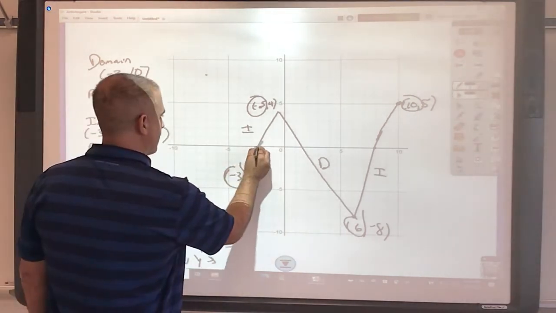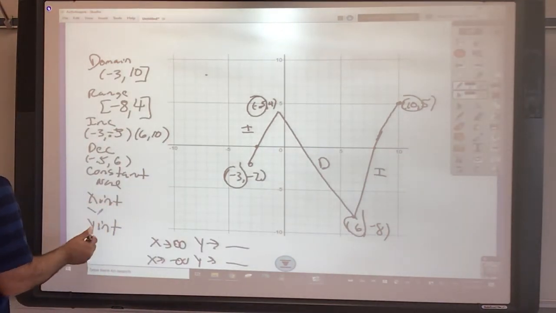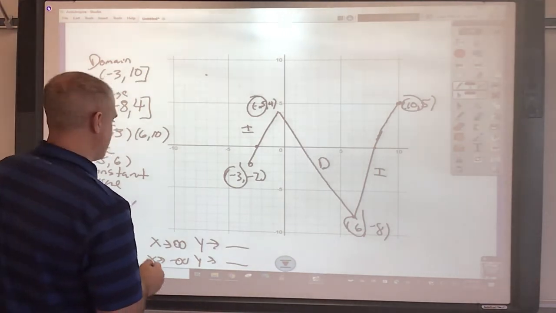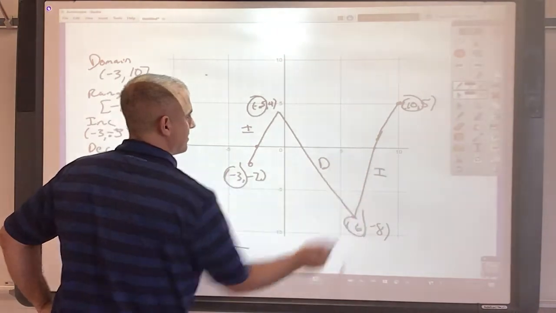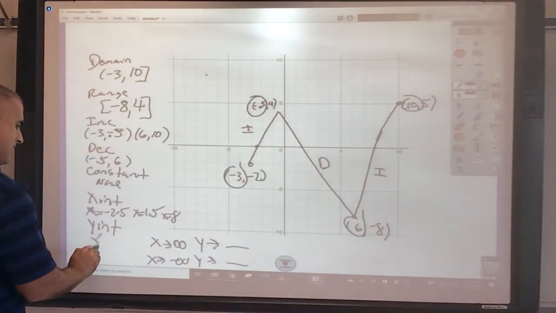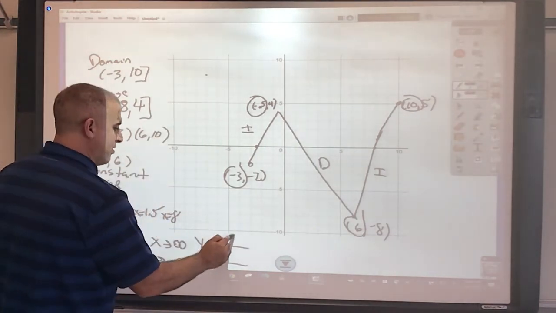Where's it crossing the x-axis? That's -2.5, 1.5, and that's going to be 8. The y-intercept is crossing at 3. Now, x approaches infinity. I don't have any arrows. Both of these answers are none.